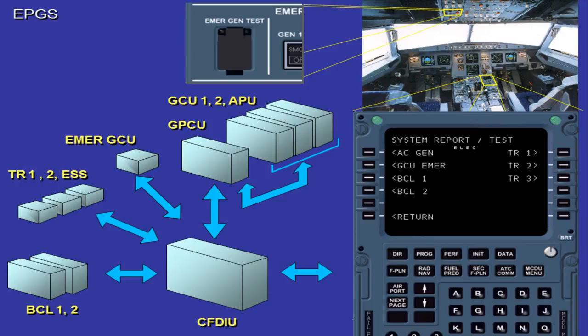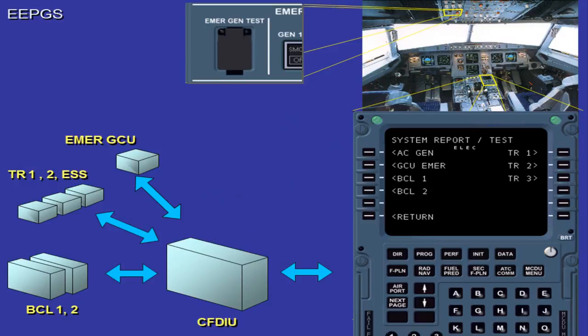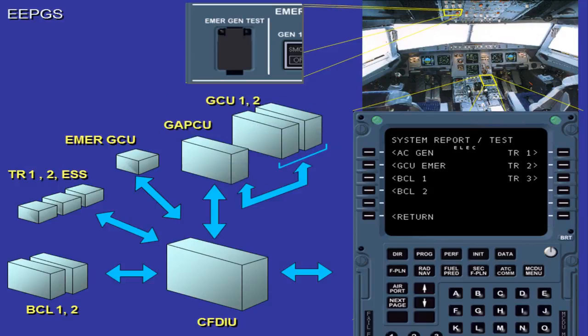The TRs are connected to the CFDIU so that they can be reset via the MCDU. In the EEP-GS, the GAPCU is the interface between the GCUs and the CFDIU for test purposes and fault reporting on the MCDUs.